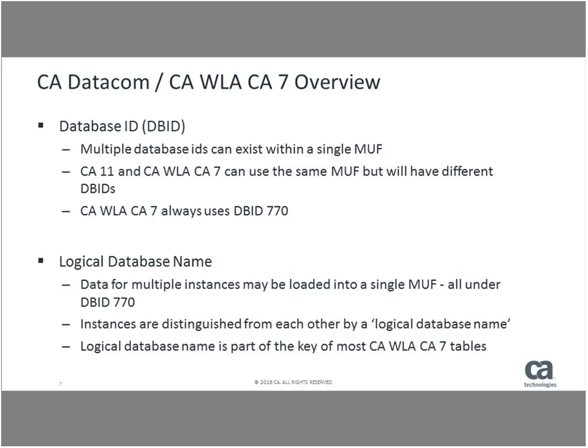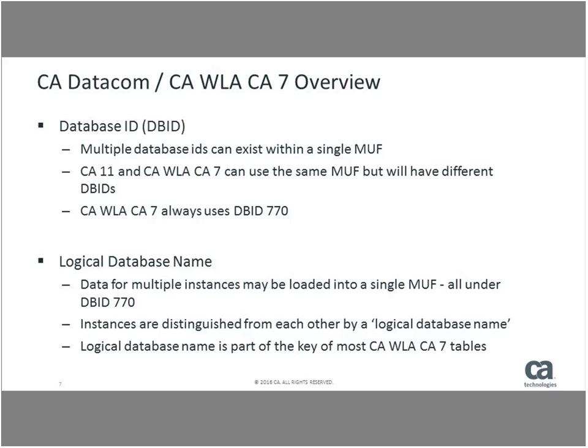We're finding out more and more that a lot of clients are opting for a different MUF for their CA11 because of the different requirements they have for CA11. Multiple database IDs can exist within that single MUF. So we have clients that may have CA Scheduler also. They can share the same MUF.